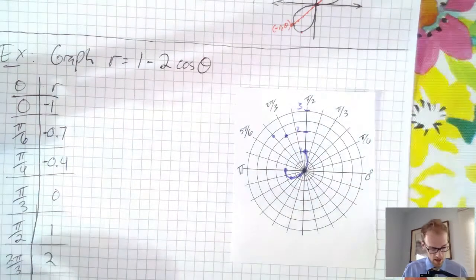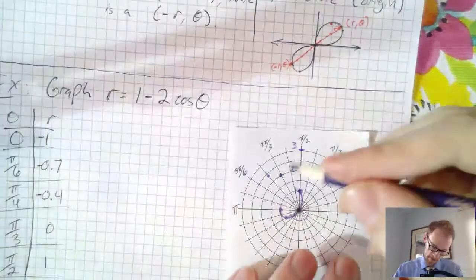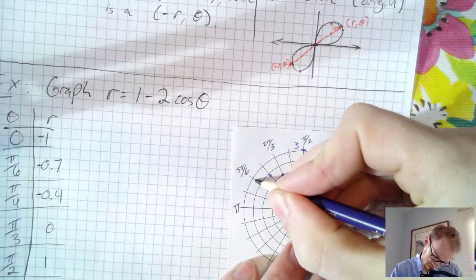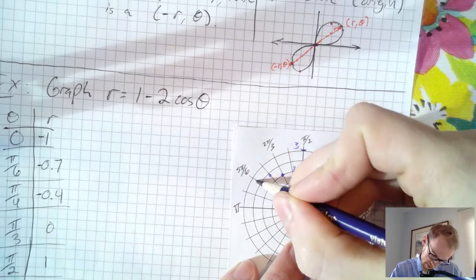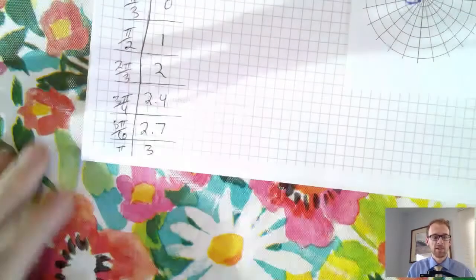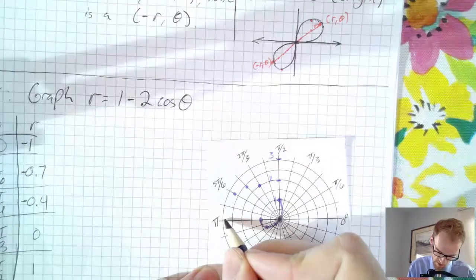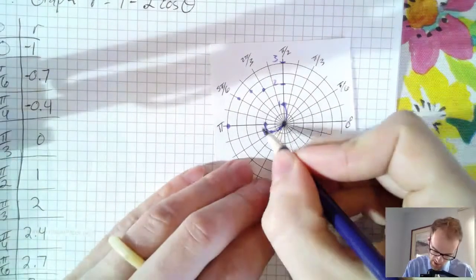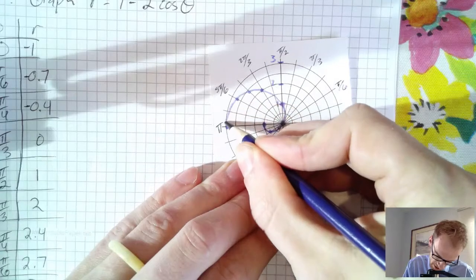Okay, and then 5 pi over 6, 2.7. 5 pi over 6 is this one. 2.7 is probably right there. And lastly, pi, 3. So I get this kind of spiral looking thing. I'll just connect the dots.